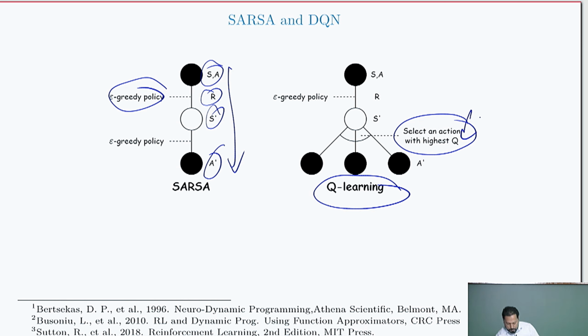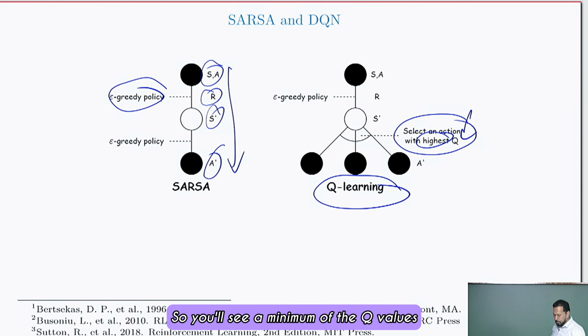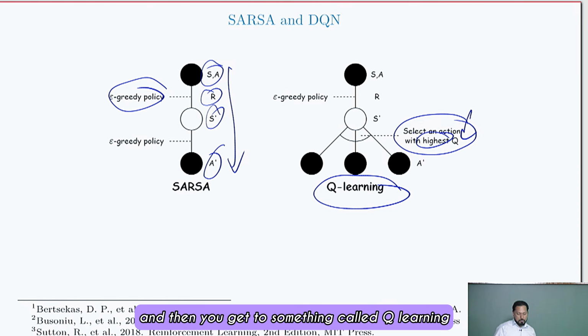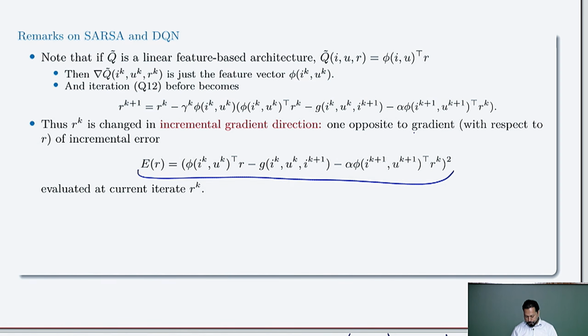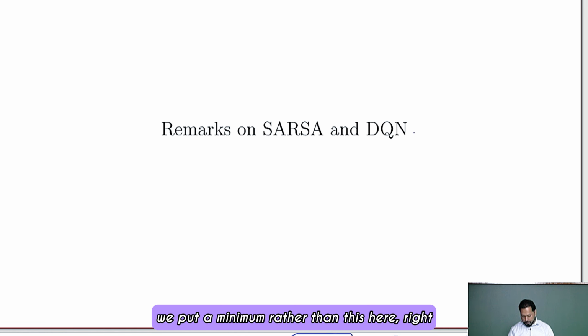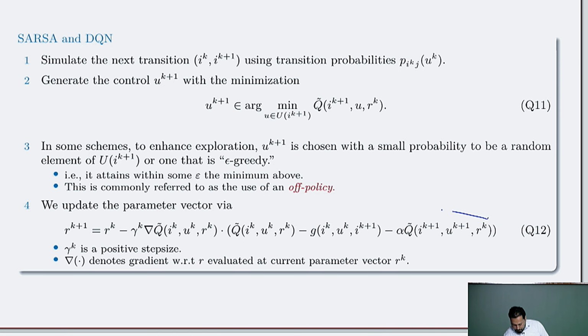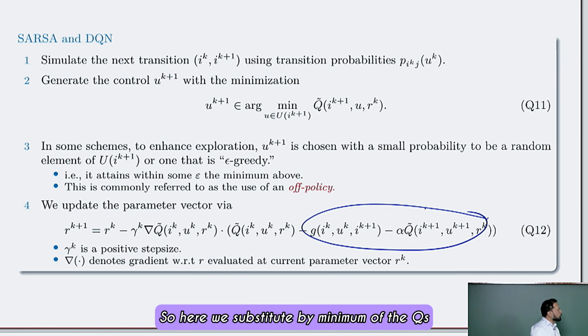So with this slight change, highest to lowest in our case, you will see a minimum of the Q values, and then you get to something called Q learning. We can derive Q learning right here, where we put a minimum here, so we substitute by the minimum of the Qs.